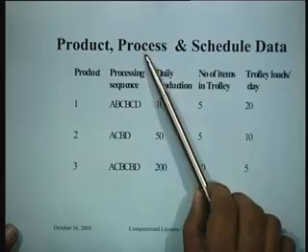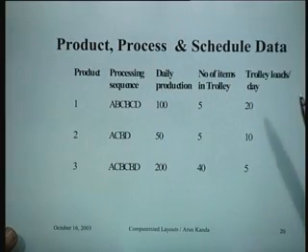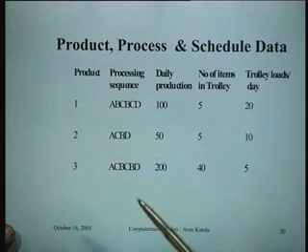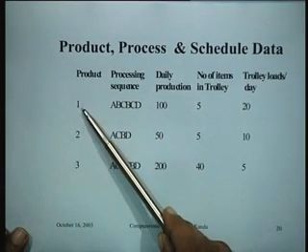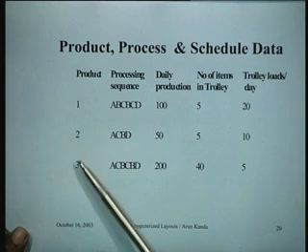Let's look at the major inputs required for this particular package. If you recall the systematic layout planning procedure, it says what the various inputs are. These inputs pertain to the product, process and schedule, right? So let's take an example with 3 products, let's call them 1, 2 and 3.